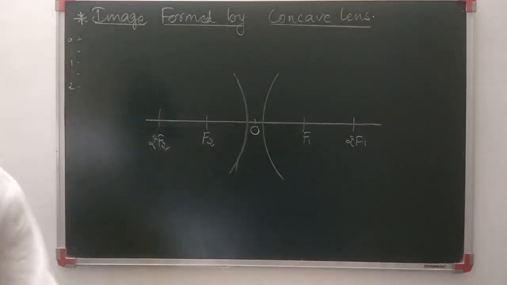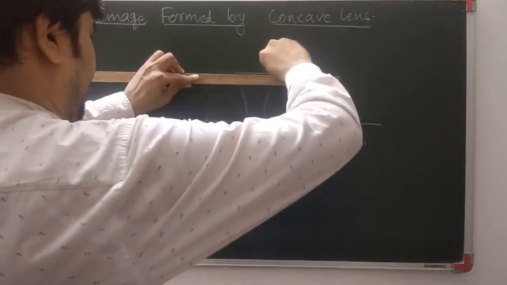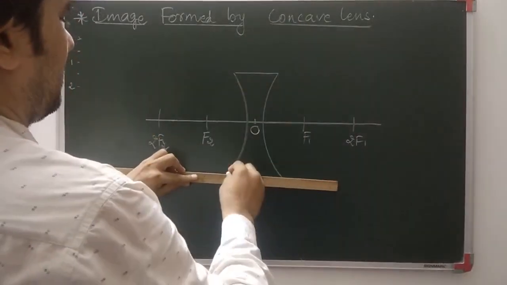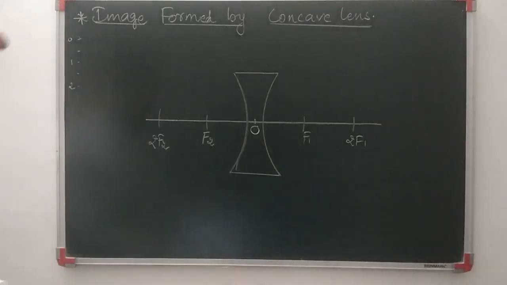Now you can see the lens which is formed, this is a concave lens, and a concave lens is a diverging lens.